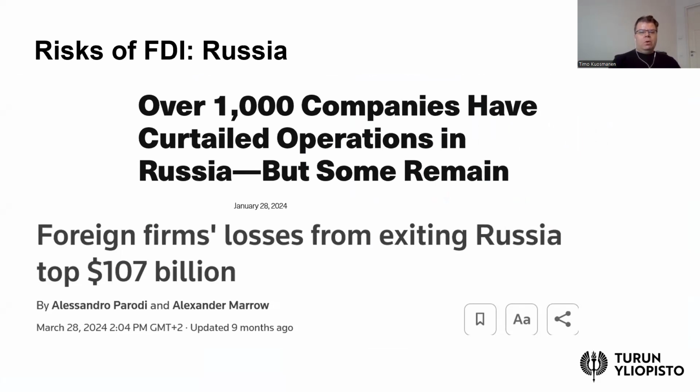Over 1,000 companies, mainly Western companies, left Russia after Russia invaded Ukraine in 2022. And this also resulted in major losses for these foreign companies. According to Reuters news, the losses were up to 107 billion US dollars. So these high risks of foreign direct investments can also be realized.